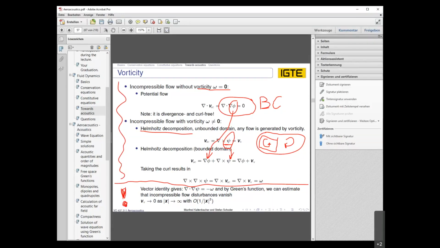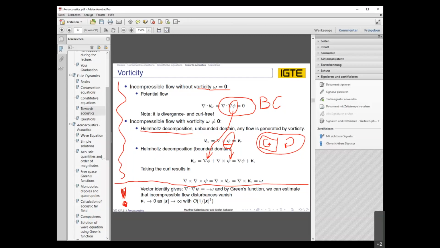Okay, starting from this equation up there, in infinite space we can use, or imagine we have an infinite space. It must not be truly infinite, but compared to the vortex distribution, it's just infinite.